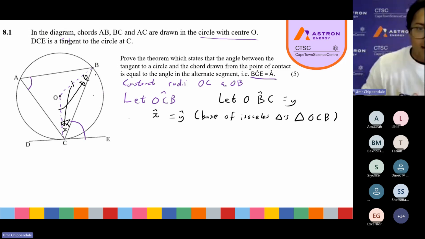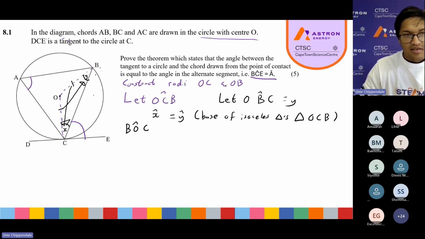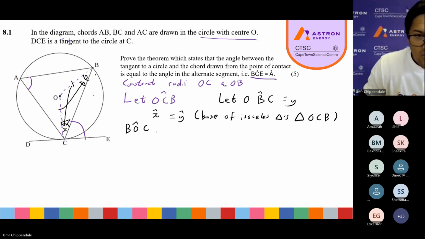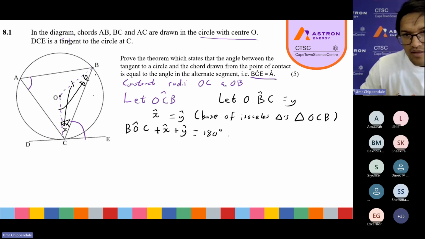So, okay, if that is the case, now we can say, if we have our triangle BOC, where you see my dotted lines linking up to the center and going all the way back to C, that entire angle, if we add it to this and add it to this, it will equal 180 degrees. And why is that? Because of the sum of angles in a triangle.